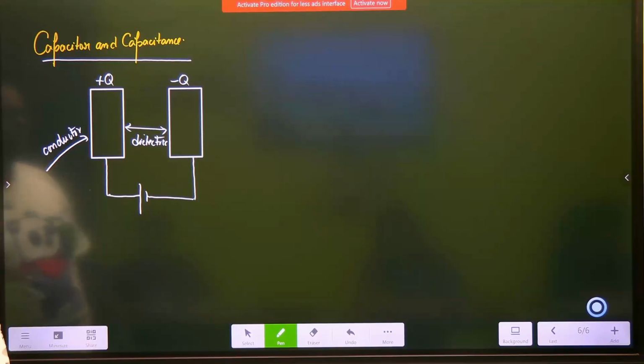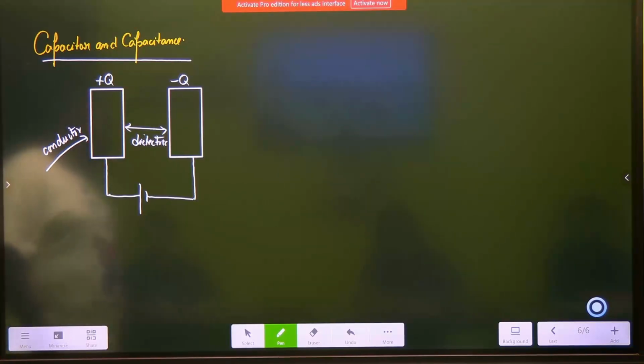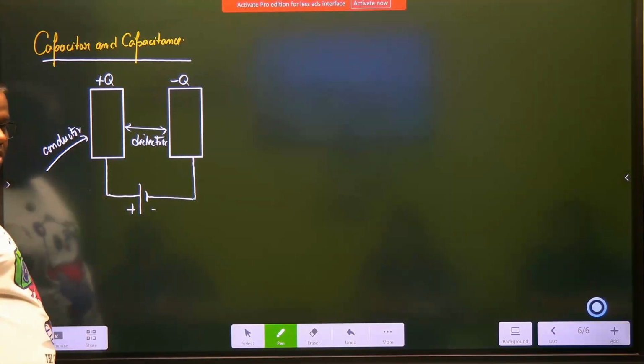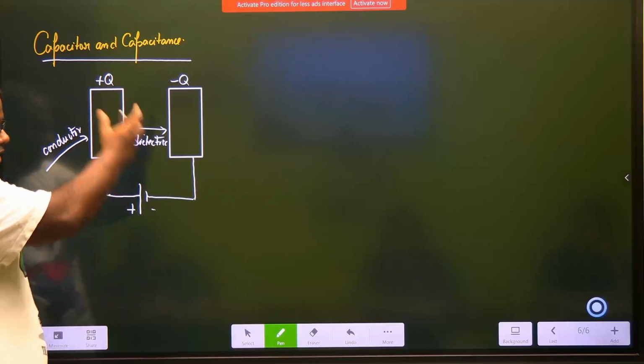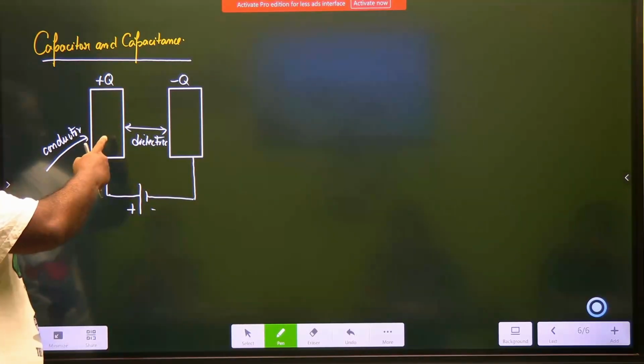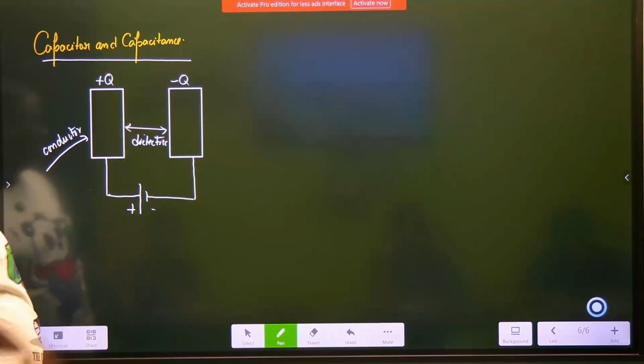All right. So see how this happens. If you connect it to a battery, this is positive and this is negative. The battery is going to withdraw all the electrons from here. So this becomes positively charged and sends all the electrons here.